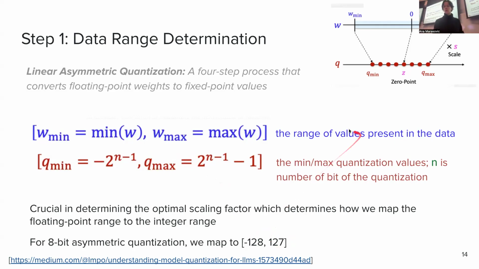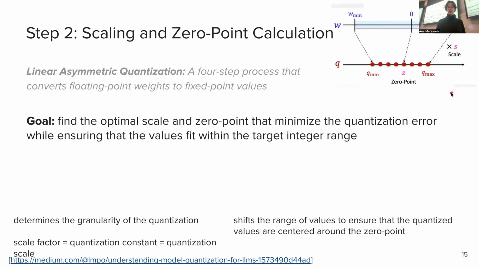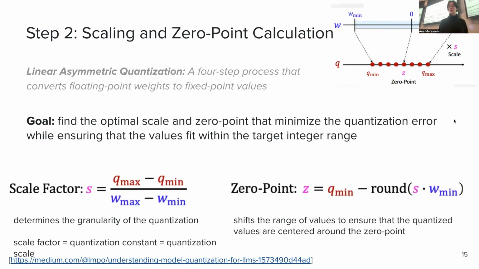Basically, if we look into this illustration, it's determining what are the ranges of these two intervals. Now, we need to determine how to scale these points on this blue interval to these discrete points in our red interval.